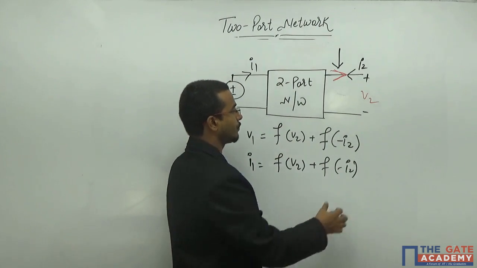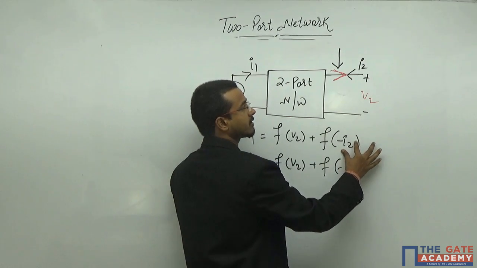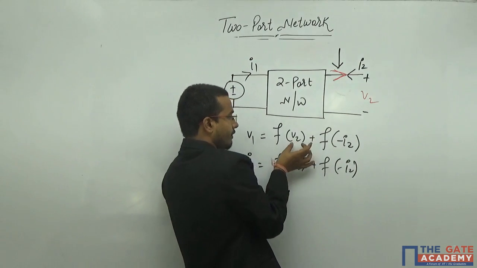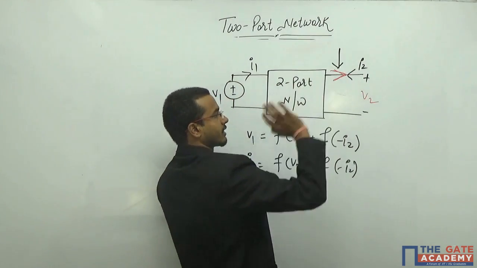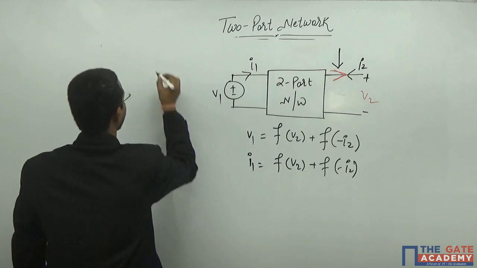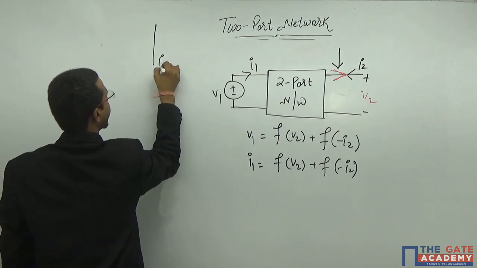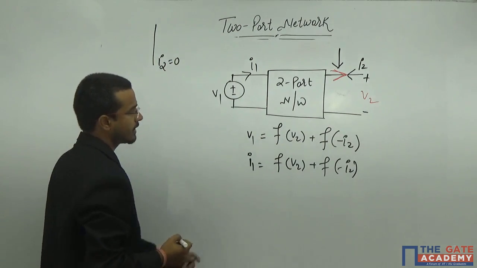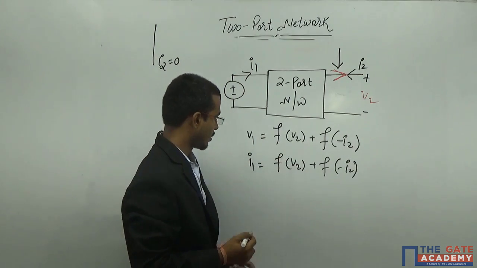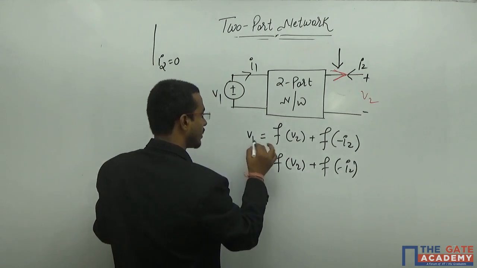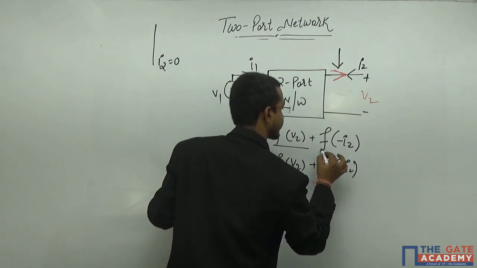Now, if you remove this, what is the meaning of this? You will create an open circuit. Whenever you remove this, that means you are creating the short circuit. When you make this I2 equal to 0, then you will get some factor here. Just try to estimate this.